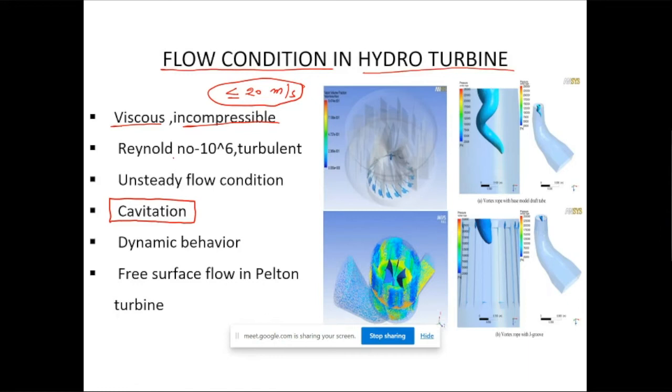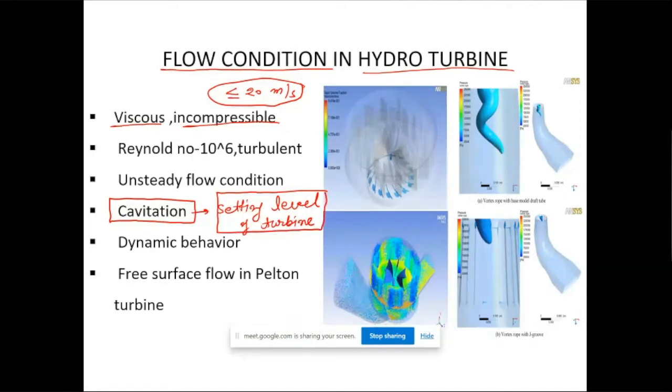But you also know this cavitation is basically a function of the setting level of the turbine. This is the important thing. At what level you are going to set the hydro turbines, that defines the sigma plant.